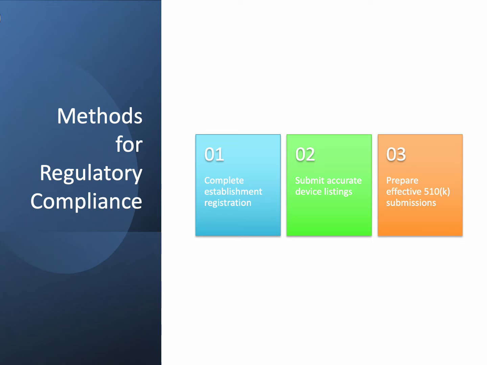Submitting accurate device listings requires listing all devices and activities, including pre-market submission numbers, e.g., 510(k). Preparing effective 510(k) submissions involves demonstrating substantial equivalence for Class II devices, with clear data on intended use and technology. For example, a new diagnostic tool's 510(k) must compare it to a predicate device.